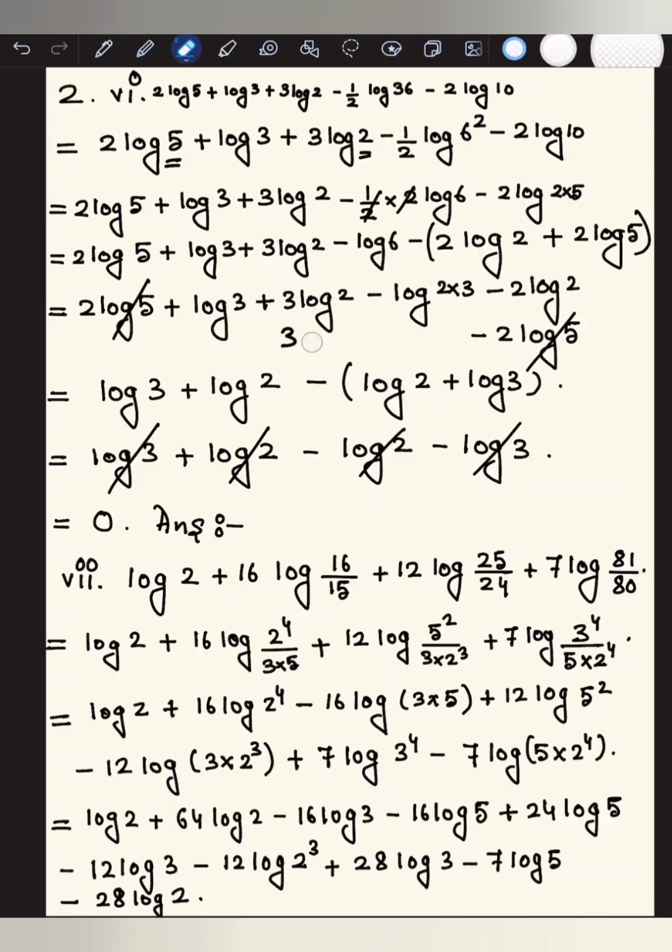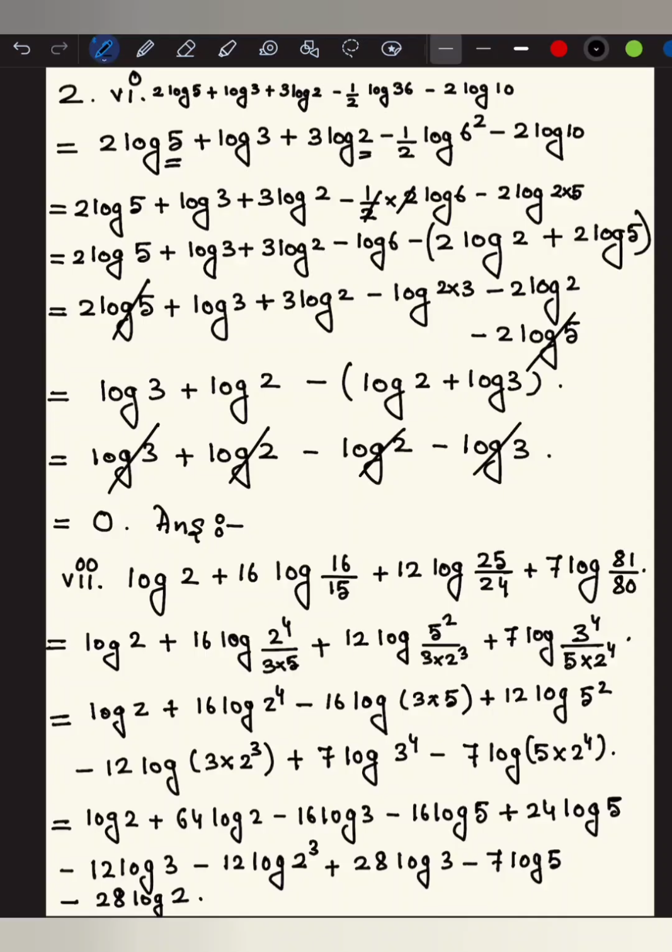So just log 2, so log 3 plus log 2 minus this log 2 into 3 can be written as log 2 plus log 3, which equals log 3 plus log 2 minus log 2, minus into plus is minus log 3. So plus log 2 minus log 2 gets cancelled out, and plus log 3 minus log 3 gets cancelled out, so this comes out to be 0, which is our answer. Understood? So it's very easy, this logarithm.